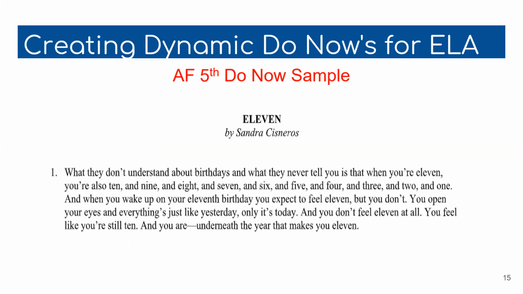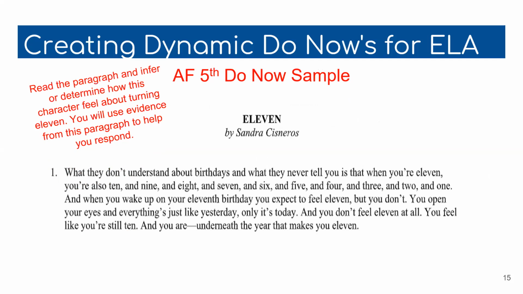And when we look at our Achievement First curriculum for 5th grade, we would take a portion of the story 11, and the students will read the paragraph and infer or determine how this character feels about turning 11. You will use the evidence from the paragraph to help you respond. Now, so that you can get responses that are for intermediate children, I suggest preparing them with a sentence structure.